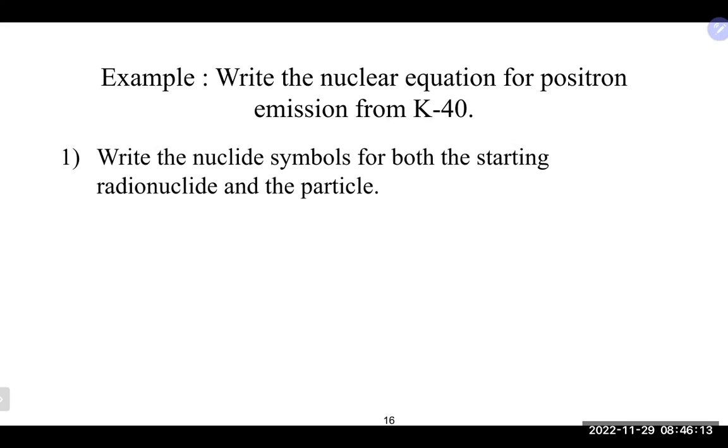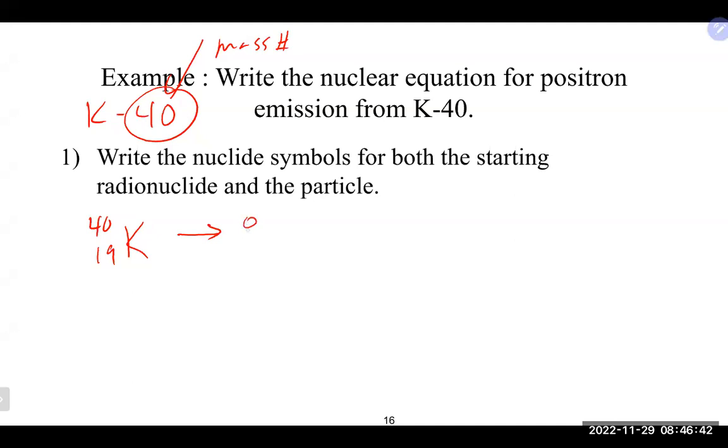Okay, let's take a look. So by the way, when the symbol is written like this with a 40, that is the mass number, a very common way. We know it's not the atomic number because we could go to the periodic table and find the atomic number, which is number 19, I believe. In this case, it's going from a positron emission. That means our positron particle will be on the product side. So that's going to be a 0 and a +1.